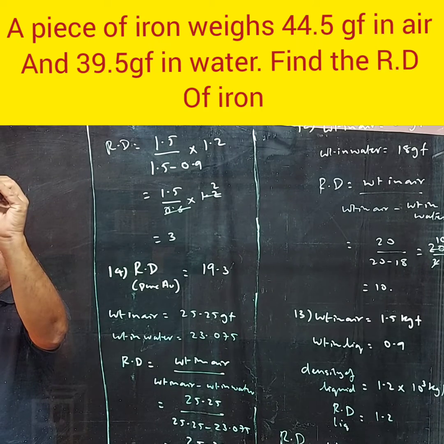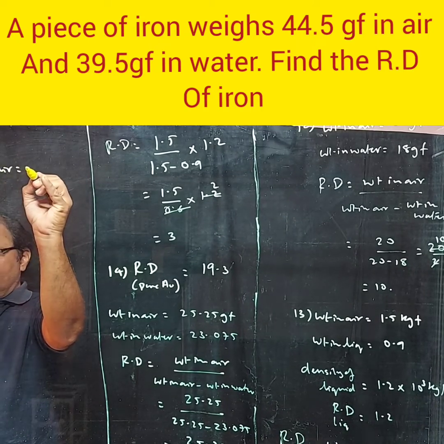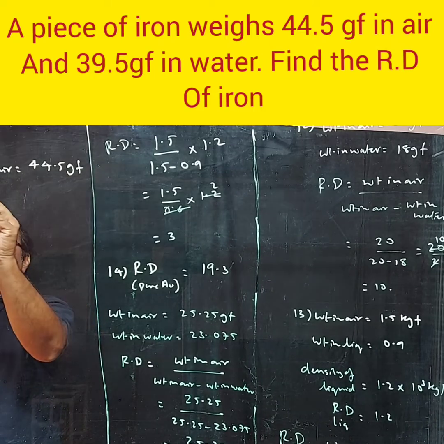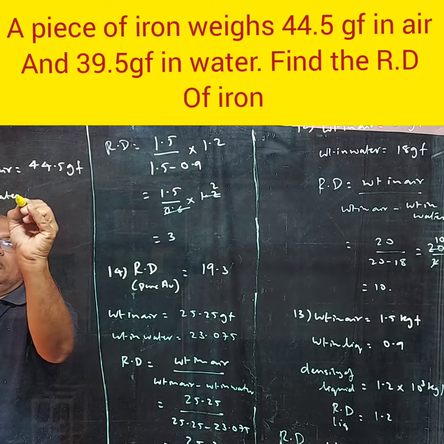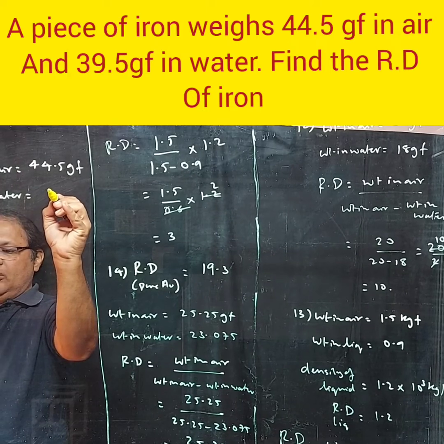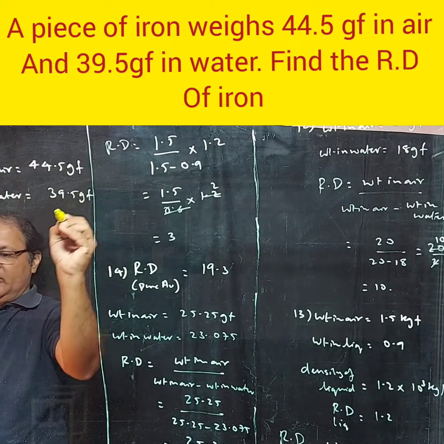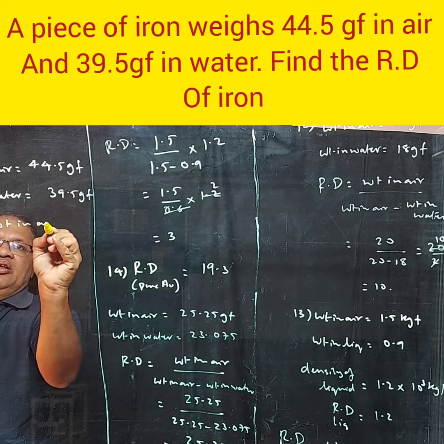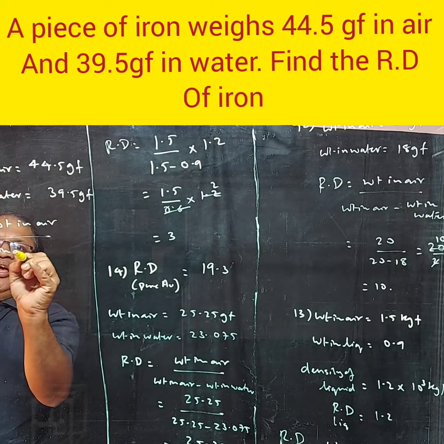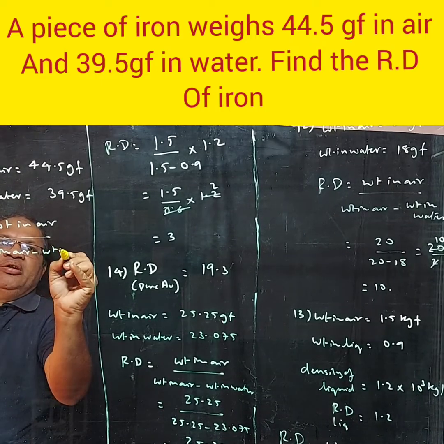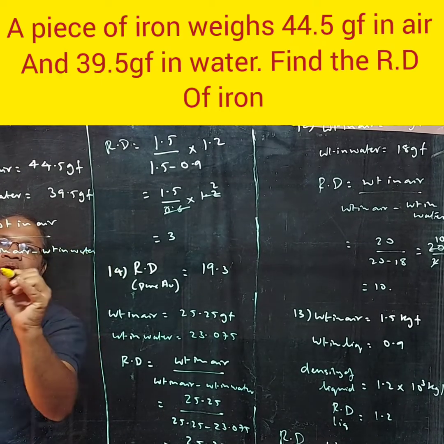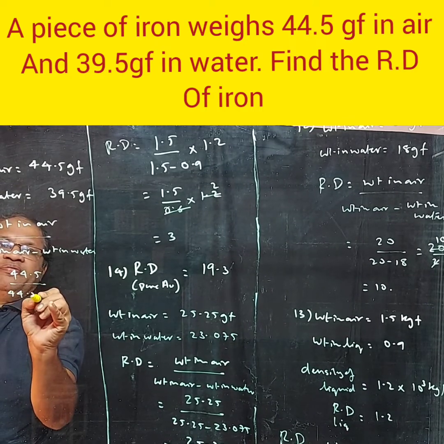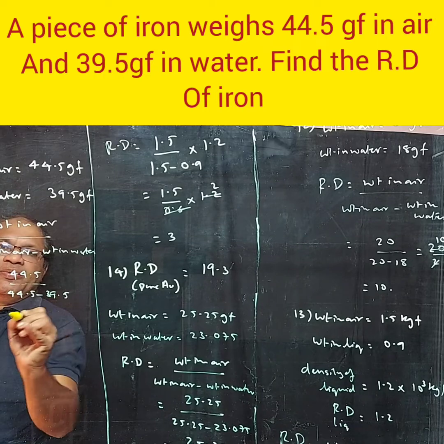Weight in air is equal to 44.5 GF. Then weight in water is equal to 39.5 GF. Now relative density is equal to weight in air upon weight in air minus weight in water. So that is 44.5 upon 44.5 minus 39.5.